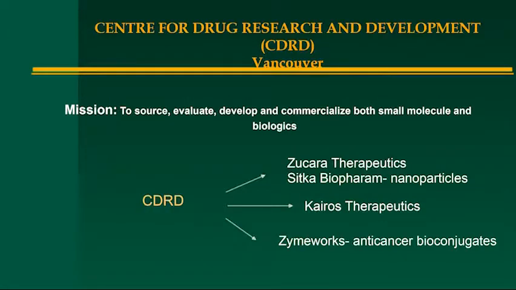Their mission is to source, evaluate, develop, and commercialize both small molecules and biologics. This group of researchers is located in Vancouver, in the cancer agency, in an academic institution. However, they are an independent unit, and their activity is twofold.